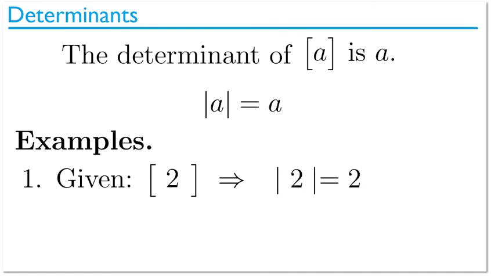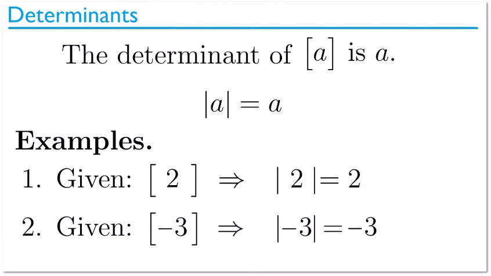Or if we have the matrix whose only entry is -3, then the determinant of that 1 by 1 matrix is -3. Do not mistake our notation with absolute values. What we mean in this notation is the determinant of the matrix whose only entry is 2 or -3 in this case.